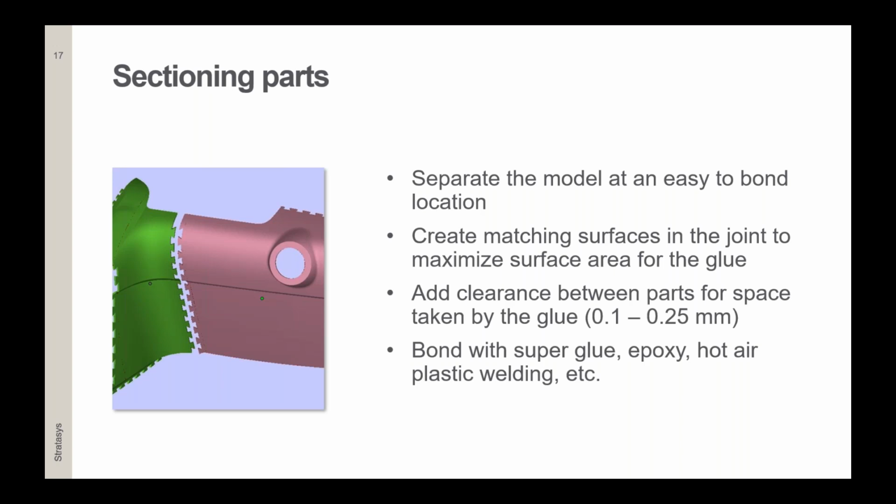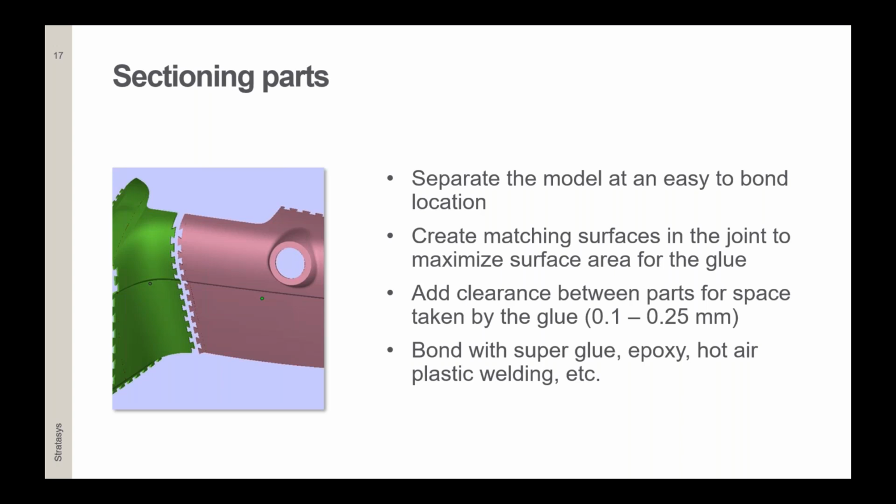You need to choose a good location to cut the model, somewhere with good access for later post-processing. Of course, do not cut the part straight. You can use different joint types to increase the surface area for bonding, and you also need to think about a small clearance between those joints. It needs to be added to make space for glue.